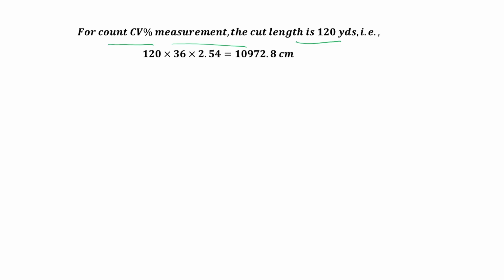Let us convert this 120 yards to centimeter, because in the equation the cut length is given in centimeter. So, 120 yards to inch, multiplied by 36, then inch to centimeter, we multiply 2.54. So, we get 10,972.8 centimeter.